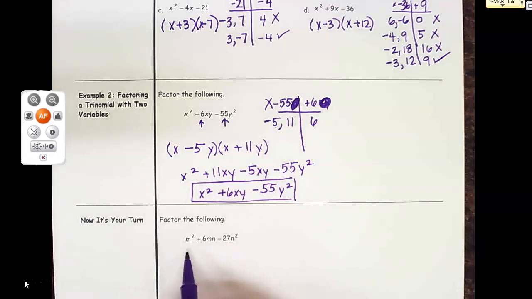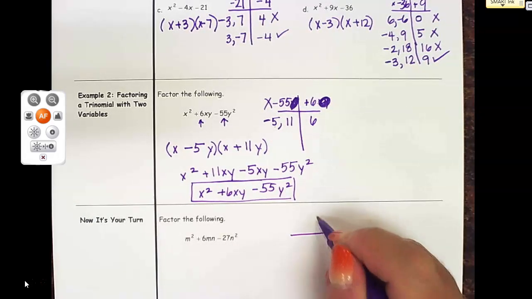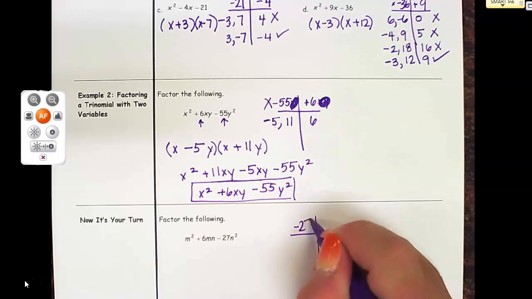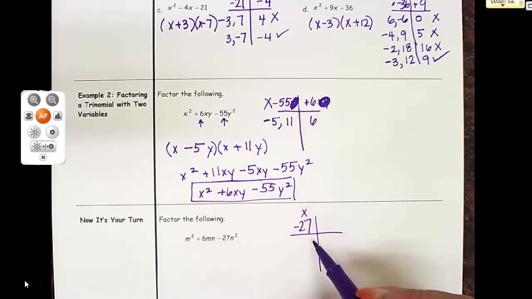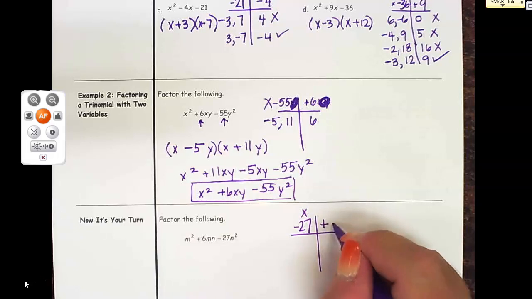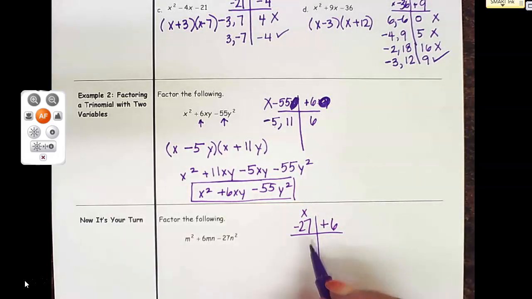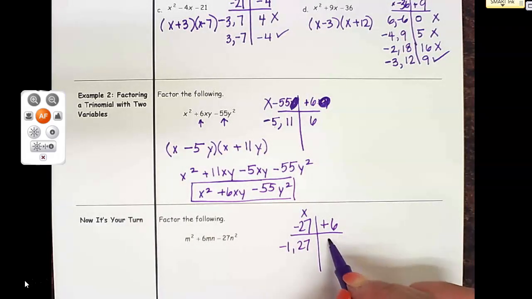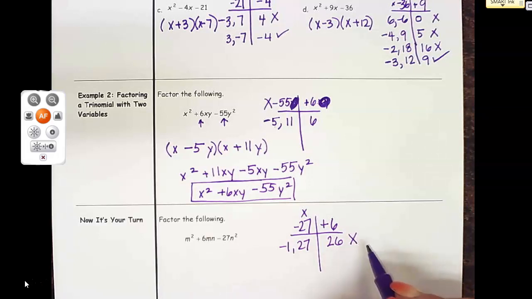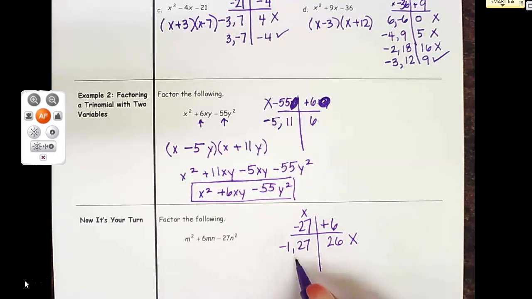So I'm looking for two things that multiply to equal negative 27. So this is my multiplication column, and two things that add to be positive 6. So 27, I can do 1 times 27, and I'll make one of them negative. So that's going to add up to 26. So that's not going to work. So as I'm counting up, 2 doesn't go into 27. So now I'm going to do 3. 3 times what is 27?